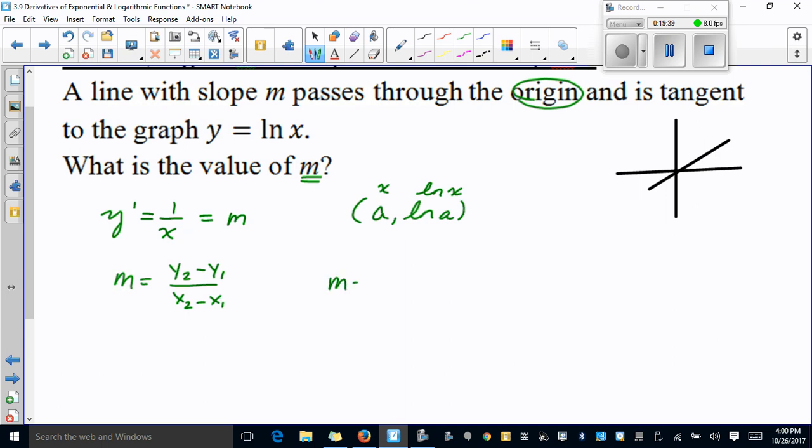So I have now my slope is the natural log of x over x, which is equal to this guy over here, which is equal to 1 over x. So since I have natural log of x over x equals 1 over x, we can ignore these two. I know that my natural log of x equals 1.